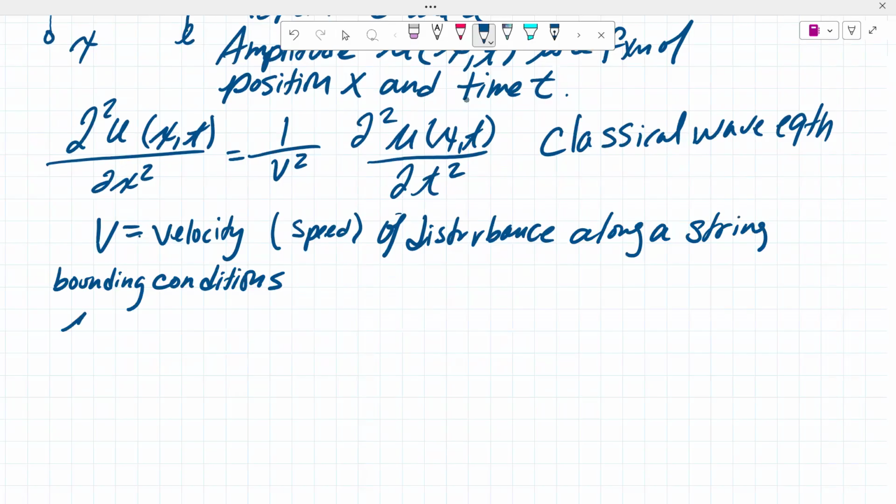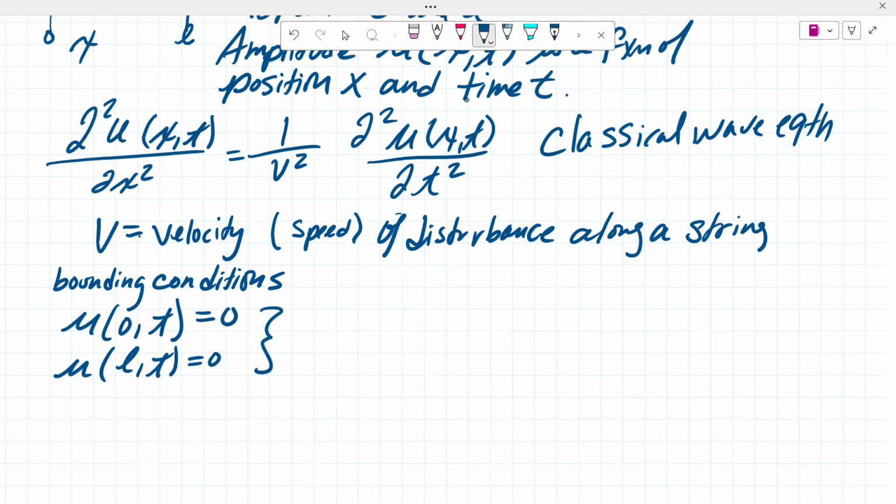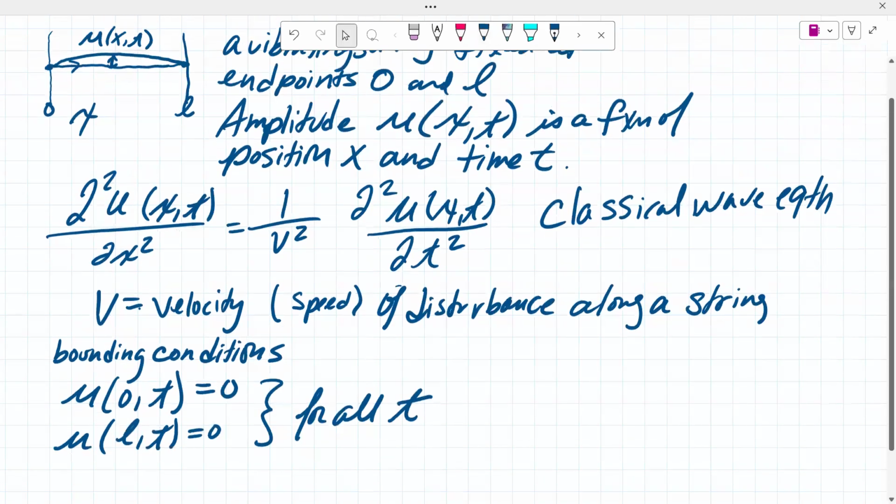U of 0 and t equals 0, and U of L and t equals 0. And these are both for all t. All right, what exactly does that mean? How did we know we could write that?